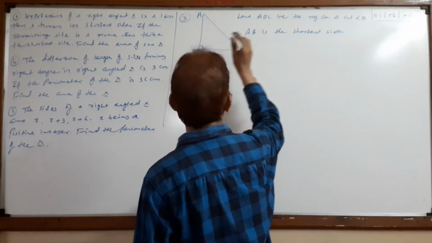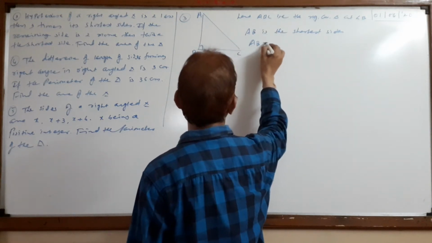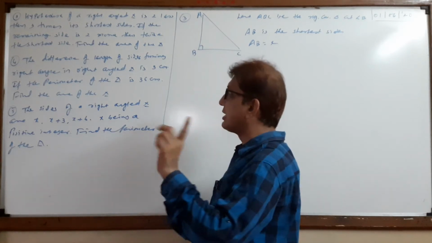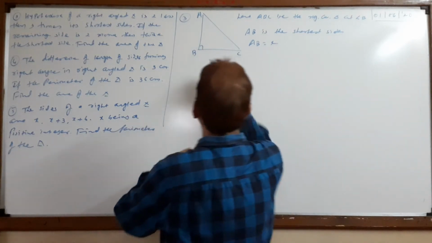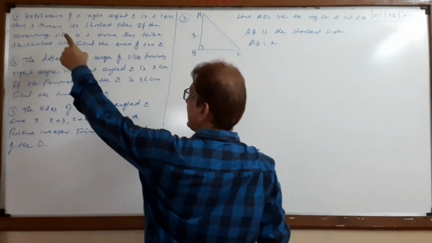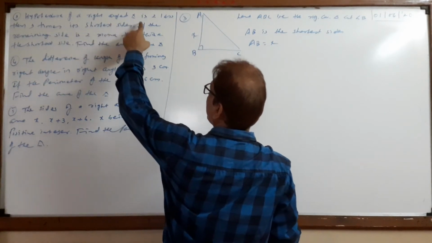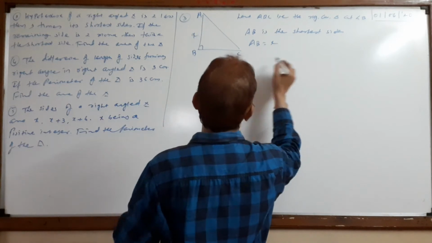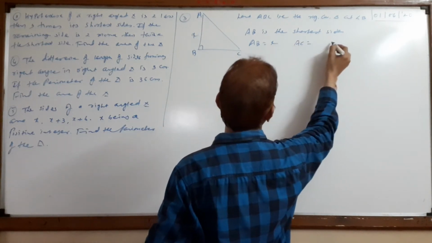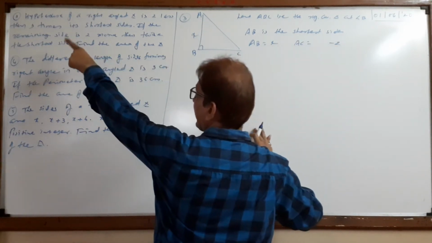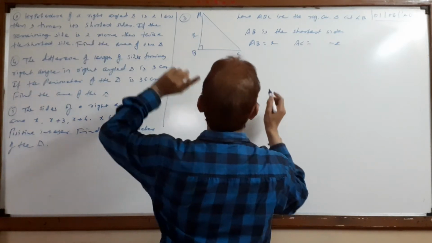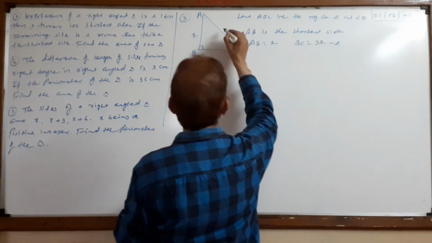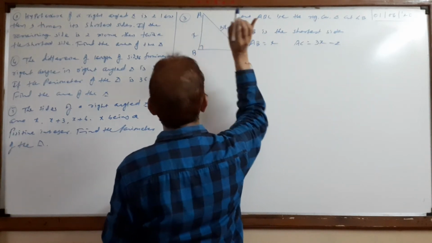Therefore we suppose AB equals x. The hypotenuse AC is 2 less than 3 times its shortest side, so 3x minus 2.